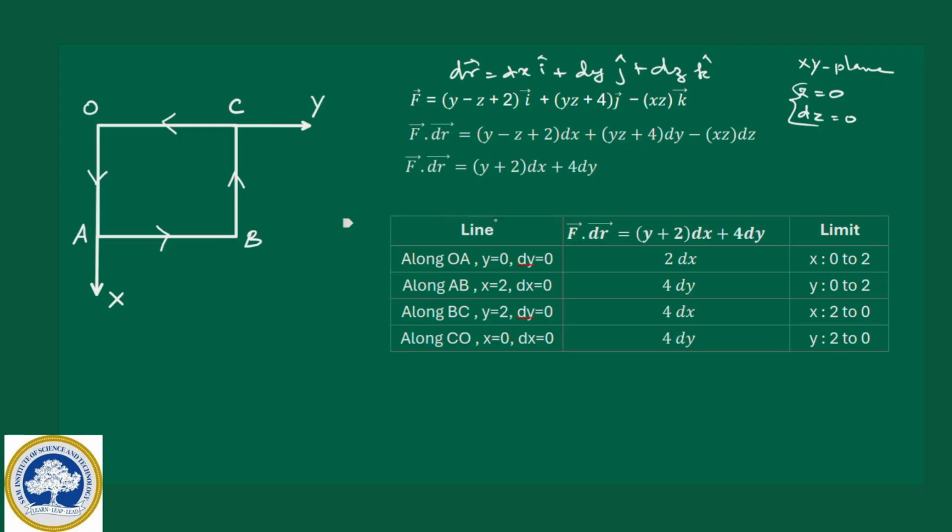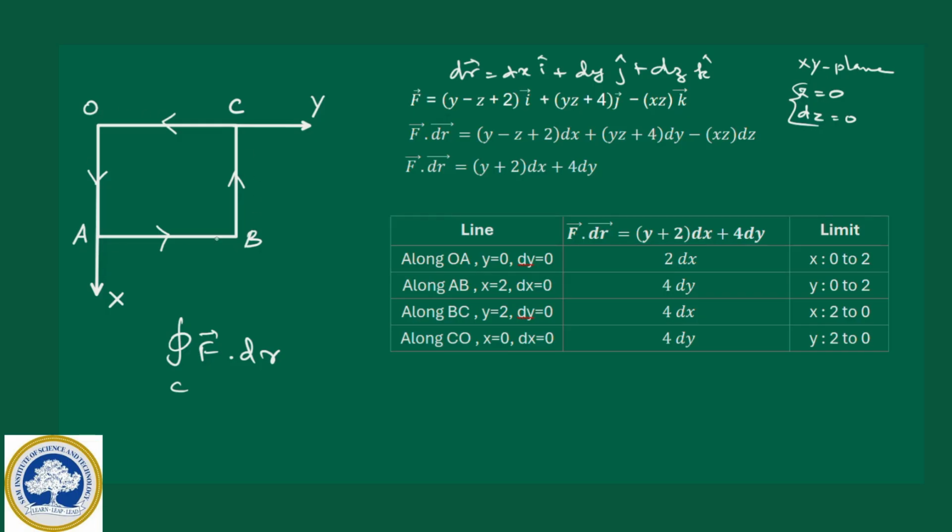Now we have to calculate the line integral of f dot dr, and this integral over C is nothing but a combination of OA plus AB plus BC plus CO. We start from O, travel along these 4 lines, and then reach O again.